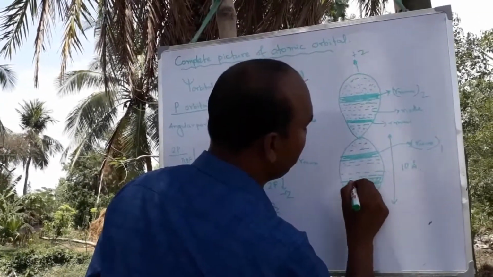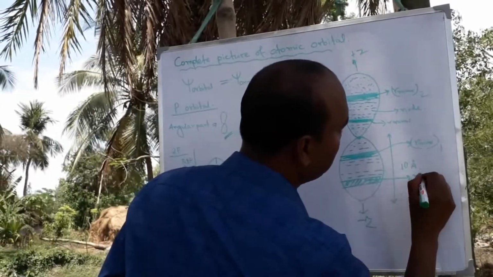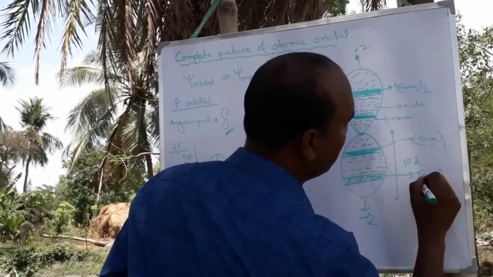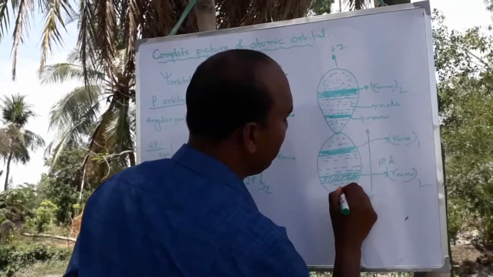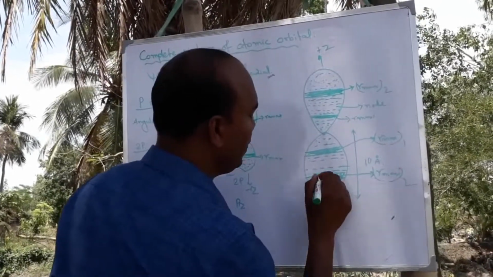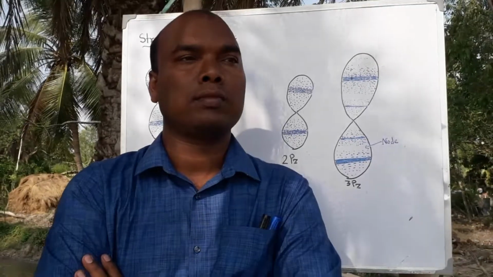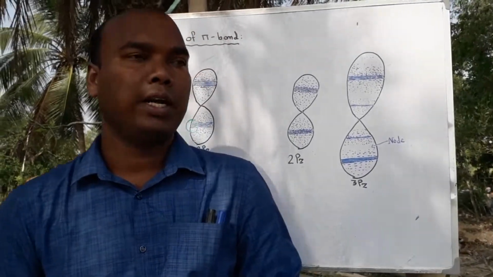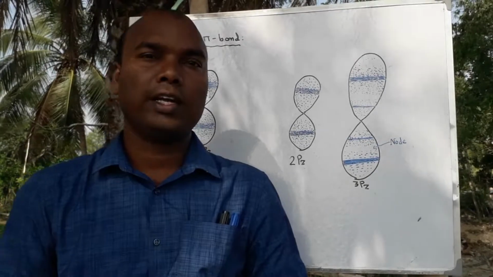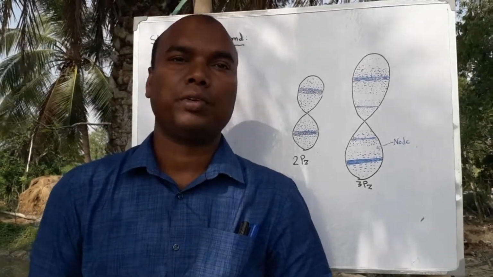This is your Rmax 2, then goes to 0, and this is your node. Now I hope that you understood the electron cloud distribution in the different atomic orbitals.